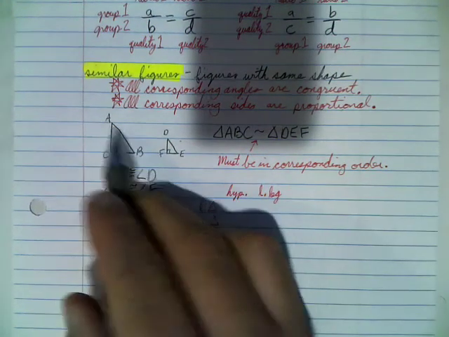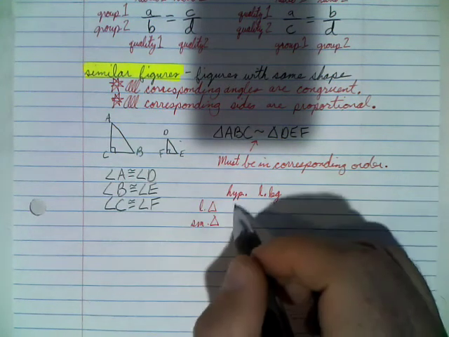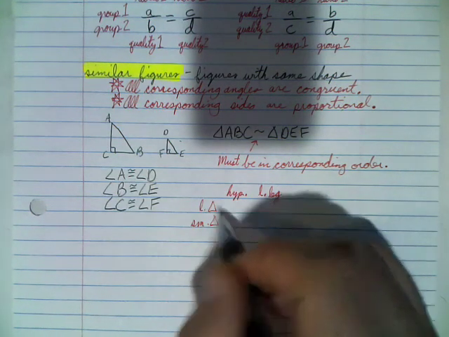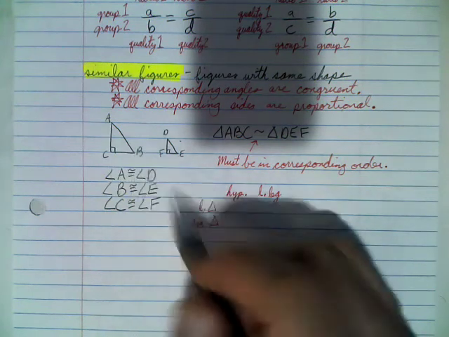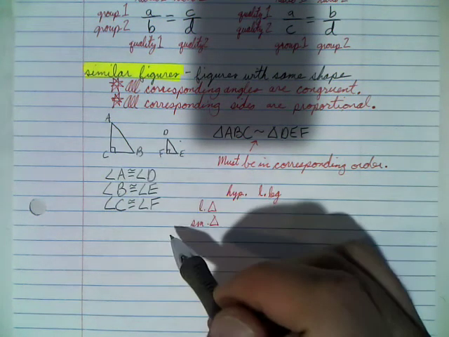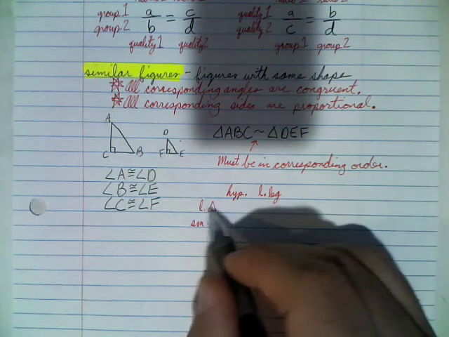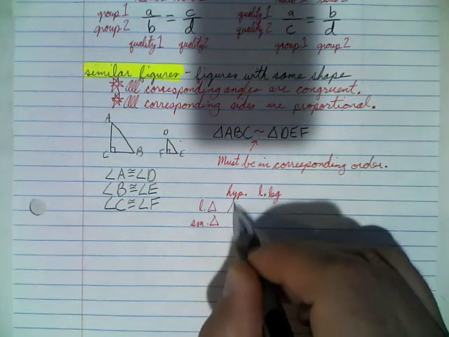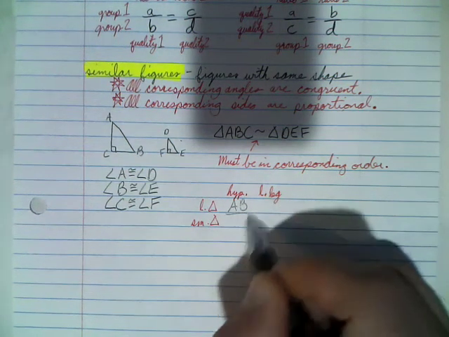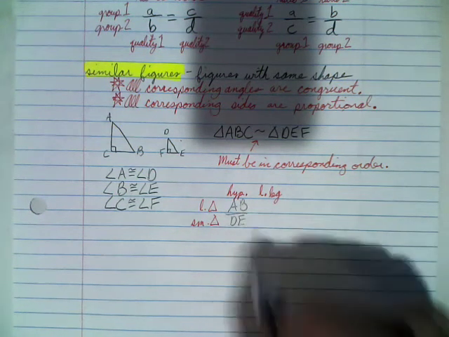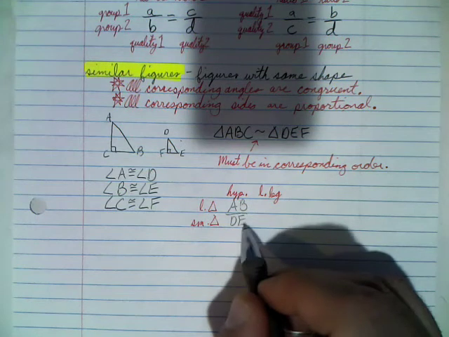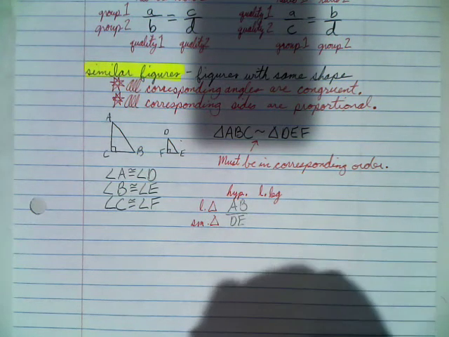So I have segment AB, which, since we're talking about numbers here in the proportion, I'm going to make the length of segment AB, or just AB. And in the other one, I have DE. The larger triangle is the one that has AB, and the smaller one has DE for its hypotenuse. So AB to DE is my first ratio.